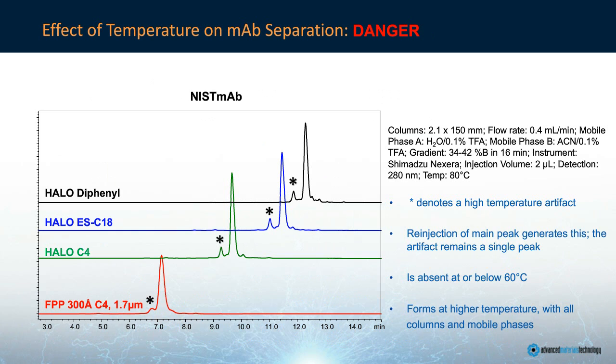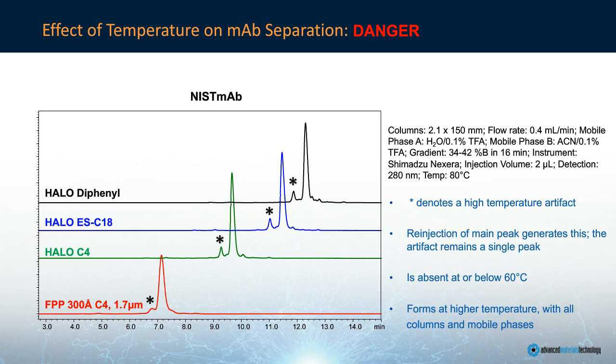There is a word of caution for going to higher temperature. In this case, a nismab analysis was done, and this separation was compared across 3 bonded phases, and it was compared on the fully porous C4 300 angstrom material.